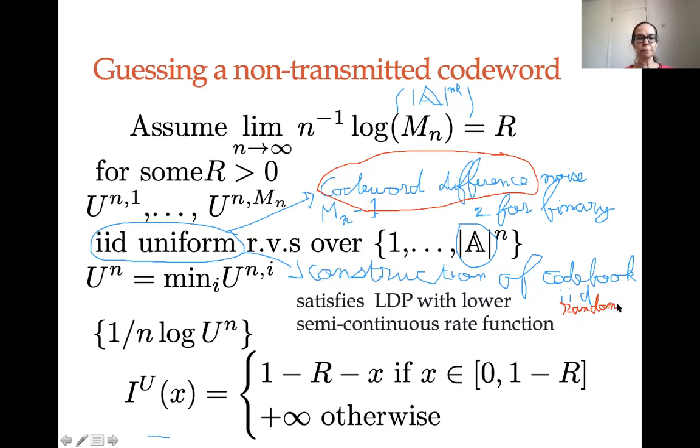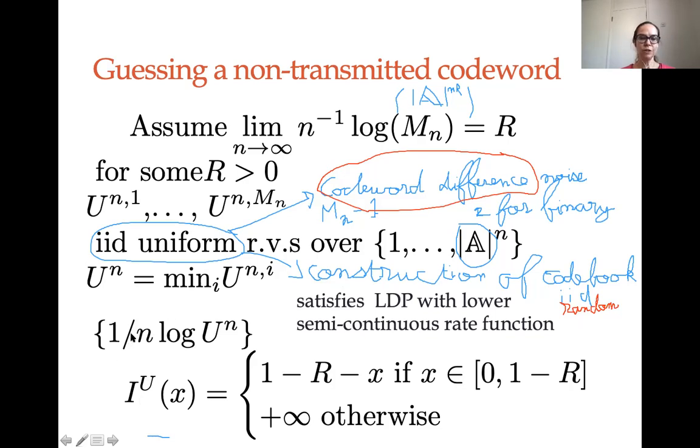Now, if I look at this U of n, I can look at 1 over n log of the U of n, and it will have a rate function. Again, why do we call this a rate function?